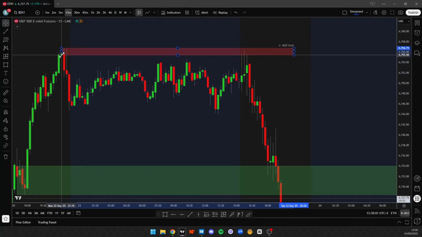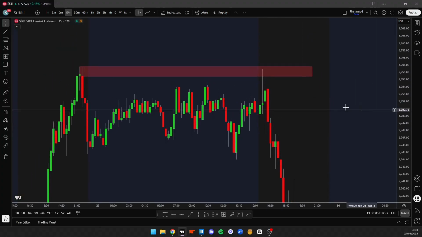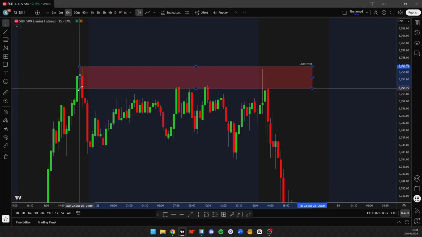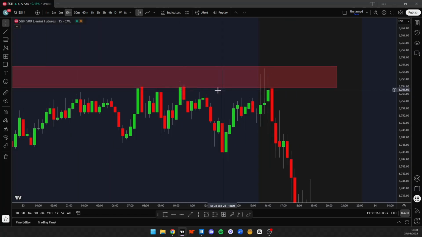So if you would have this supply drawn and you would not have the resistance drawn, and you have this level right here, well, obviously, depending how you would draw your supply, depending also on the volume on the lower time frame and the consolidation in the range, you would just ideally have to wait for a sweep of these highs. It doesn't matter if it's pre-market or not. If it reacted from the level and it comes back, your best bet is to wait for the sweeps of the highs in this case, and sweeps of the lows in a demand, and to create a new entry pattern. Okay, that's just your safest bet.